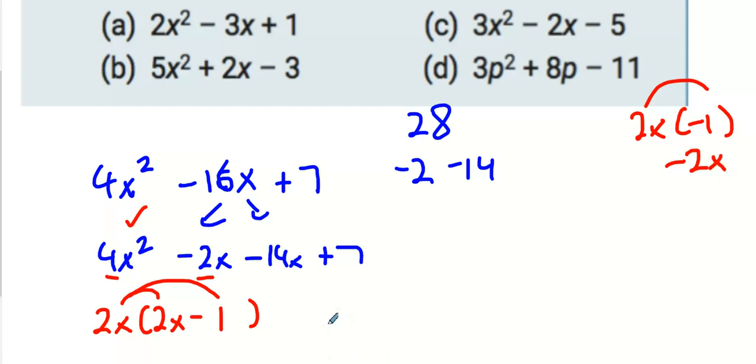Okay. What about the next one? Put the same thing in. Now, if I put 7 in, 7 times 2x, I want a -14x. There you go. And finally, 2x minus 7 into.